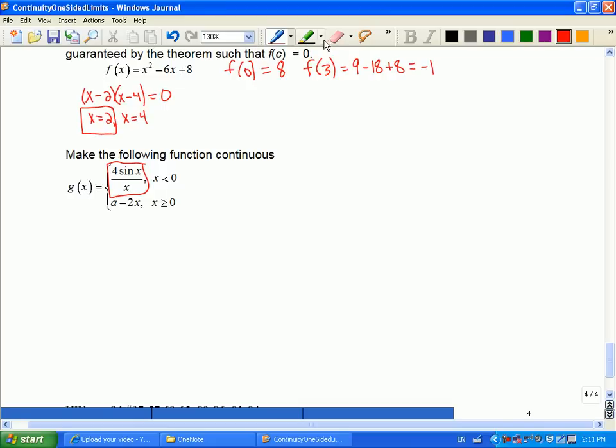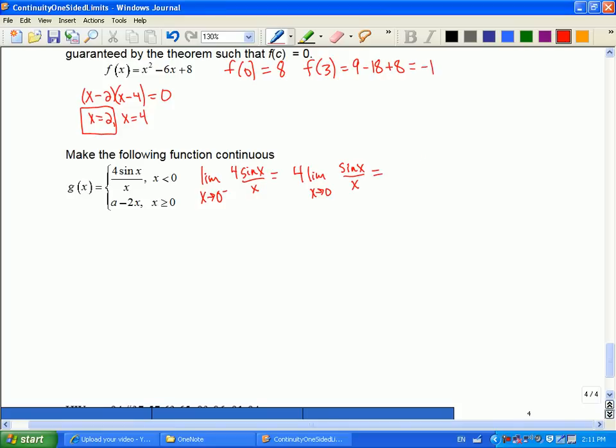So in order to be continuous, we have to have a limit that's the same on the left side and the right side. David, there you go.